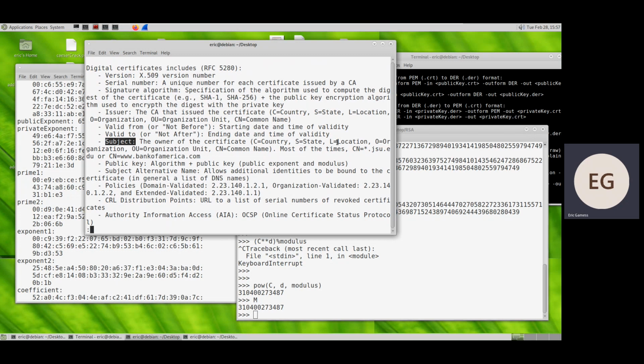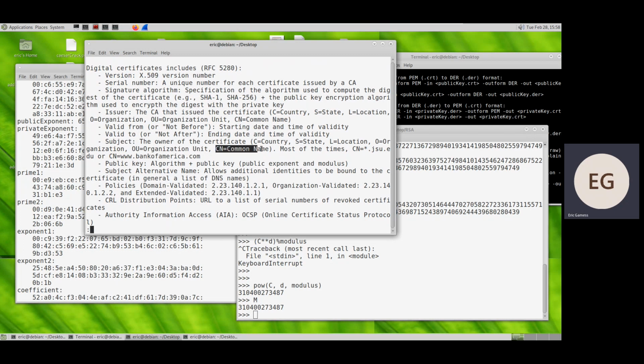In location, we will put Jacksonville. In organization, we'll put Jacksonville State University. In organization unit, we might put nothing, which means it covers all of JSU. Now, if we want a certificate for MCIS, in organization unit we will put MCIS. But if we want the same certificate for all of JSU, in organization unit we don't put anything.